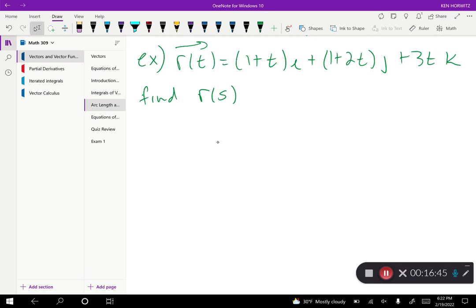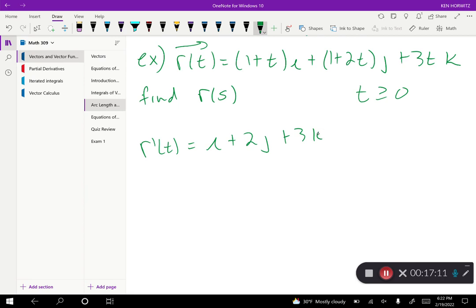All right, so we'll say that t has to be greater than or equal to 0 because that's a line. So if we were to start by finding r prime of t, just like we did for every other arc length type problem, our derivative would be i plus 2j plus 3k.